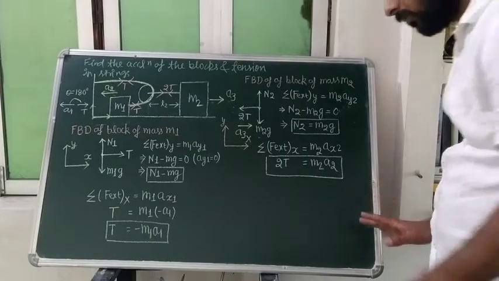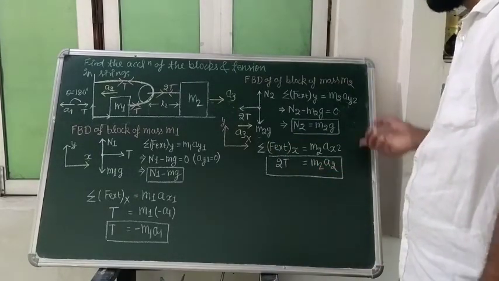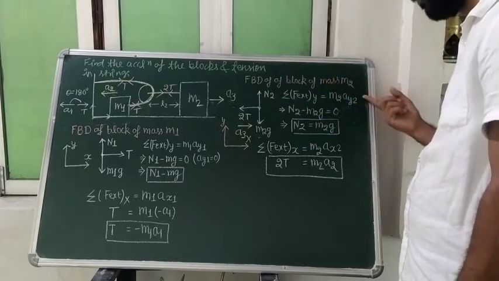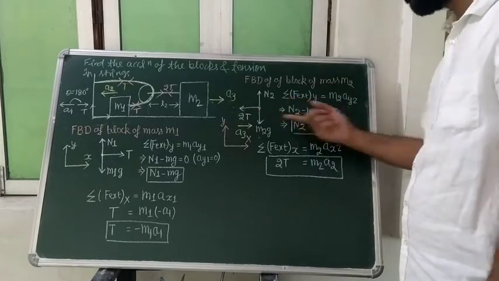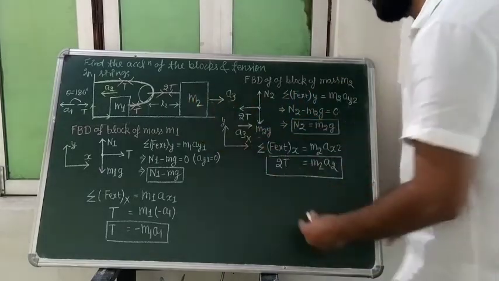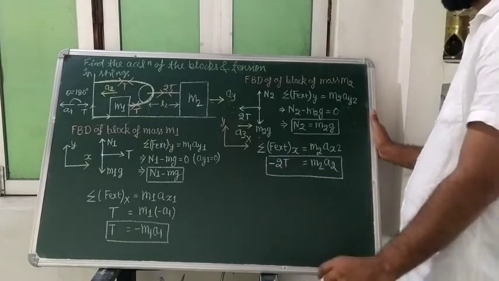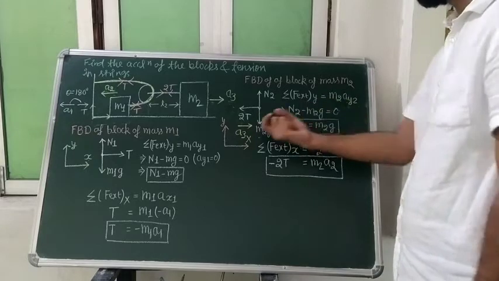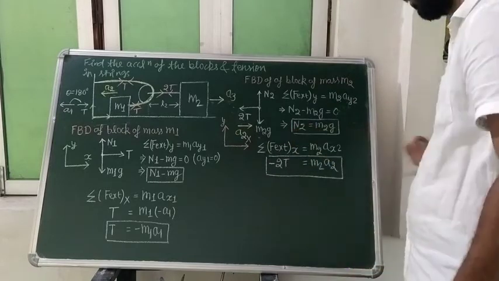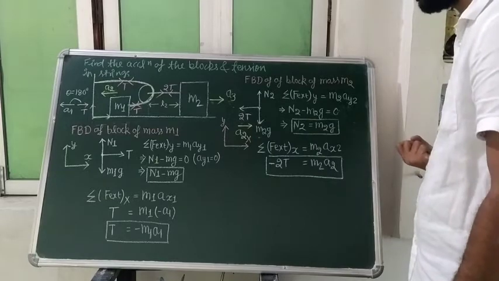I am sorry students, when we are applying Newton's second law for the FBD of the mass M2 in the x direction, of course this 2T will be on the negative side. So here you will put a minus. A2 you have considered in this direction, so this side is the positive coordinate you have selected.